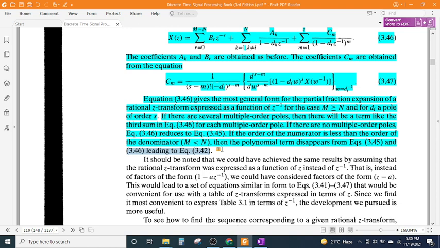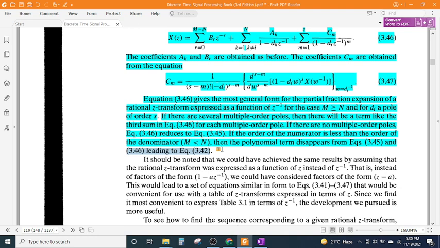Chapter 3, The z-transform. To decide whether a term corresponds to d_k^n u[n] or -d_k^n u[-n-1], we must use the properties of the ROC that were discussed in Section 3.2. From that discussion, it follows that if X(z) has only simple poles and the ROC is of the form R_R < |z| < R_L, then a given pole d_k will correspond to a right-sided exponential, d_k^n u[n], if |d_k| <= R_R, and it will correspond to a left-sided exponential if |d_k| >= R_L.